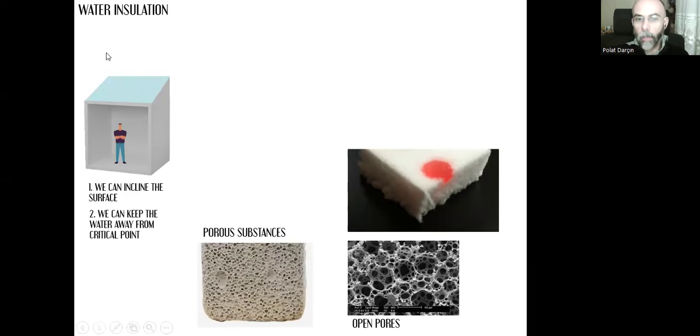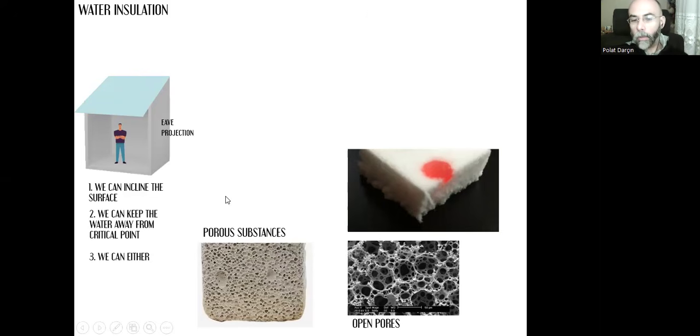Here, in this example, all the water on this inclined surface will be collected, will slide down to this line here. That's the eave, and that will create the critical point. If we want to keep the water away from that line, instead of finishing that eave at the facade level, we can have a projected eave like this, and it will help the water to be away from that critical line.